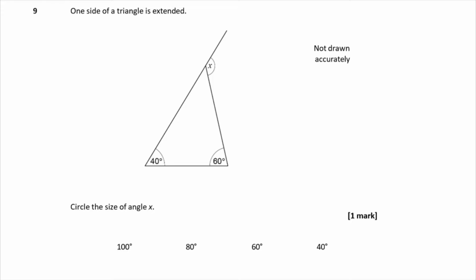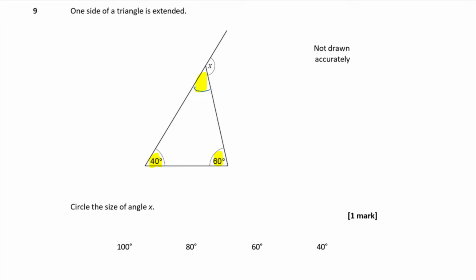Question 9. One side of a triangle is extended. Circle the sides of angle X. Okay, so we know two angles in a triangle, and we should know that all three of those angles altogether add up to 180 degrees, aren't they?